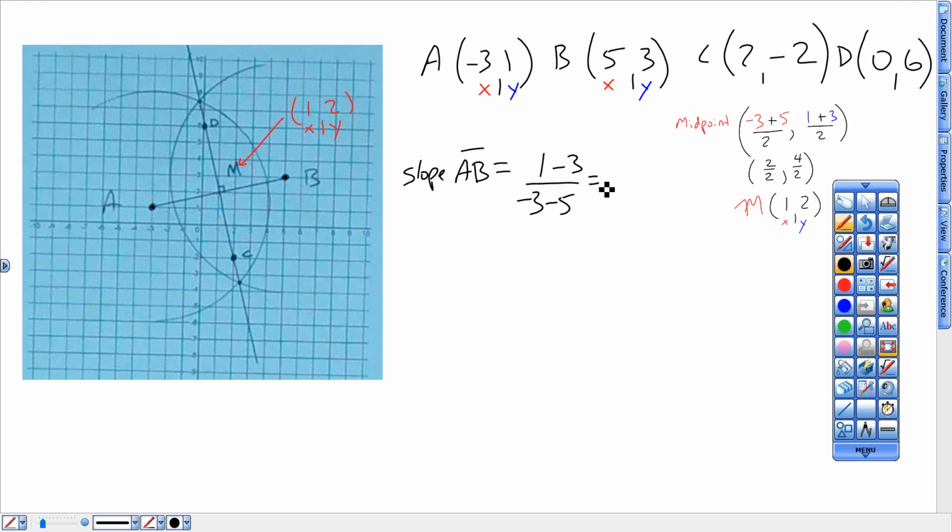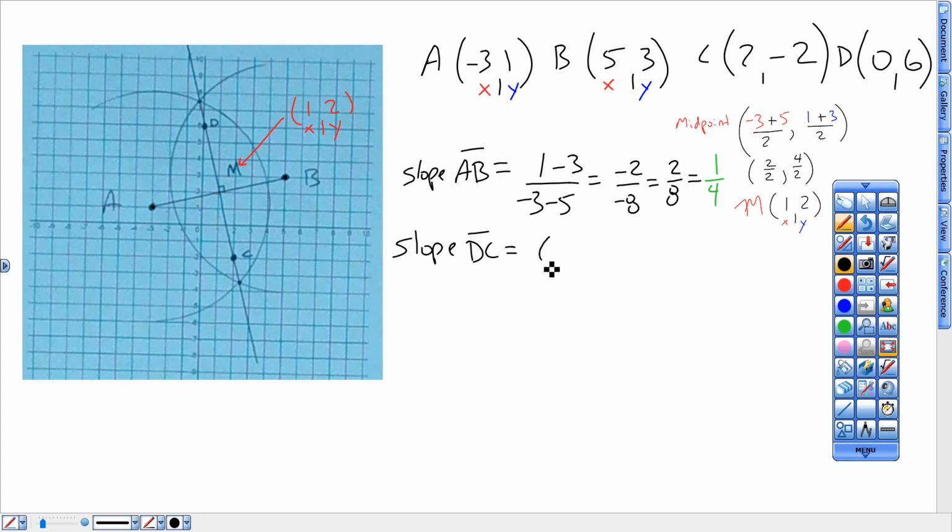That gives me -2 over -8, which is that +2 over 8, which is that 1/4 slope that we got for AB. If I do the slope between D and C, it should be opposite reciprocal, should be negative 4 over 1. So DC, let's go 6 minus minus 2.